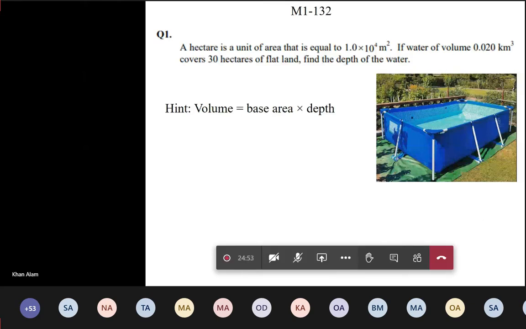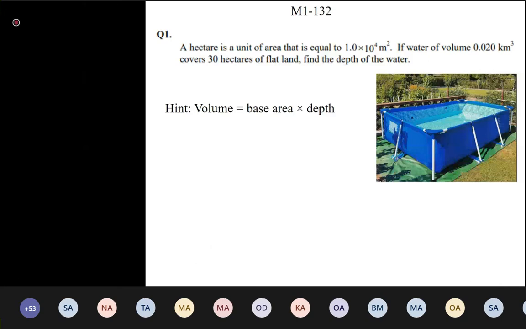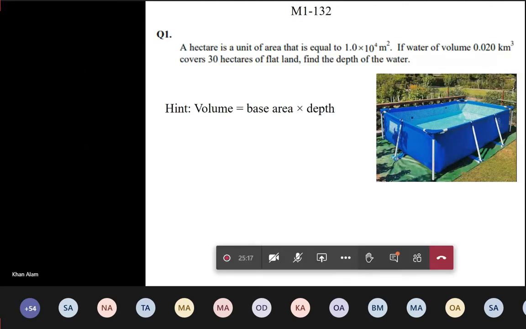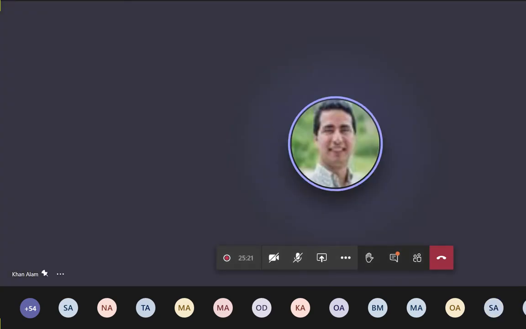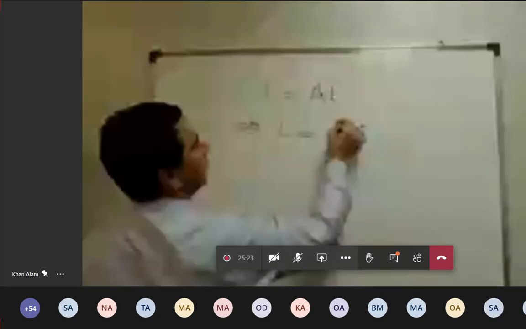Can you tell me? Depth will equal volume divided by area. Okay, so volume divided by area, that's a very good point. Let's put this first: area times depth, and let's call the depth L. They're asking for the depth, which is L, so the volume divided by area.